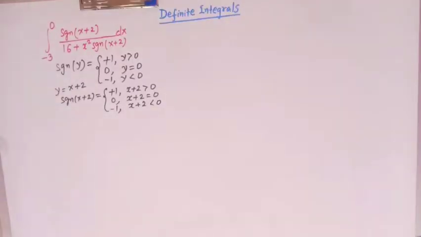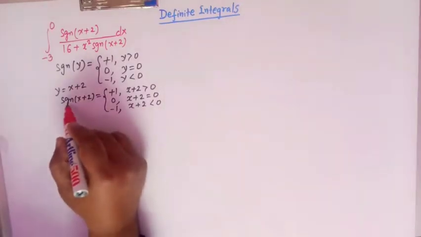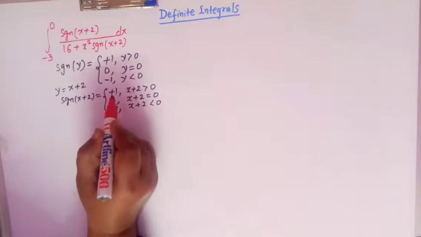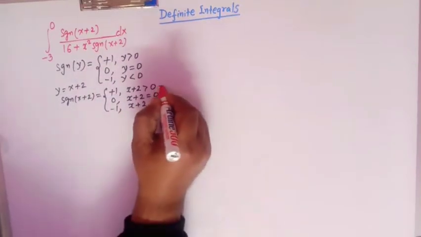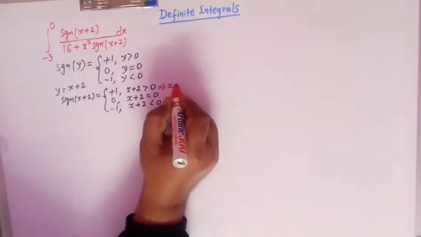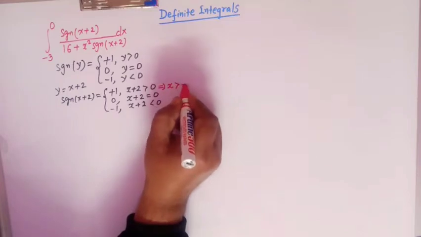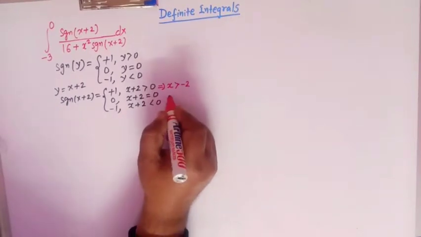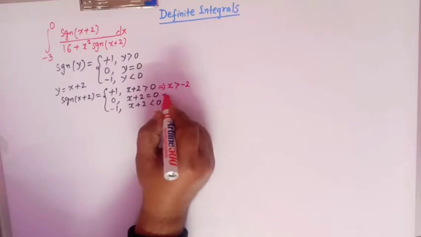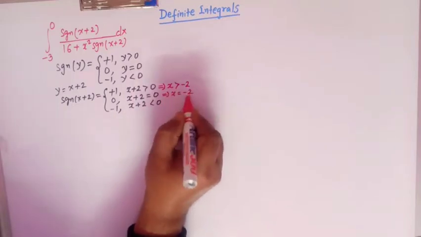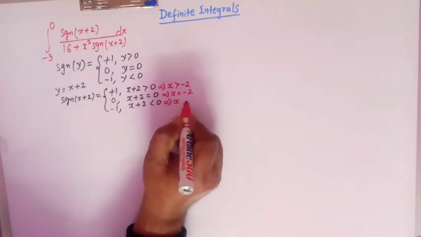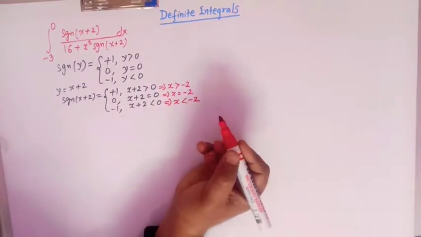So we see that signum of (x+2) is +1 when x is greater than -2, it is 0 when x is equal to -2, and it is -1 when x is less than -2.